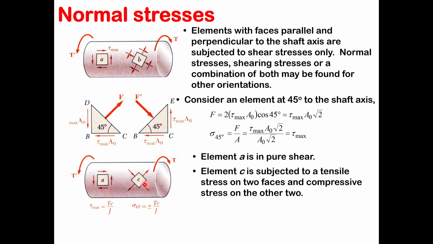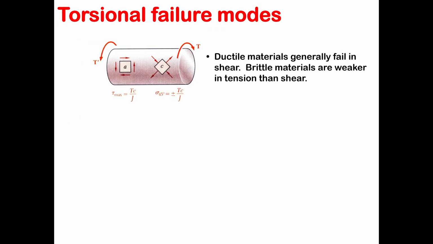It is going to help us in understanding the failure modes of ductile and brittle materials. If you recall, ductile materials are generally weak in shear, so they essentially fail in shear, right? But brittle materials are weaker in tension, so they usually fail in the direction of tension. So what does it mean when you are doing a twist, right?